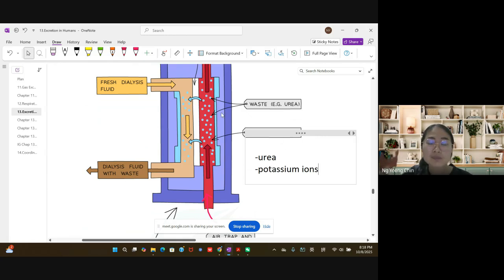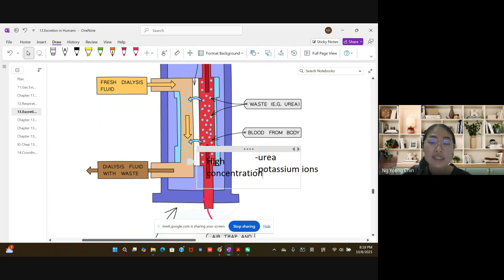So there must be very high concentrations inside the blood as compared to the dialysis fluid.